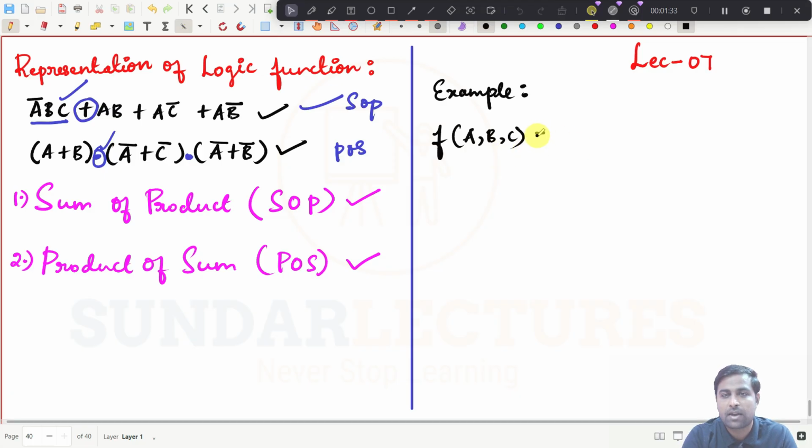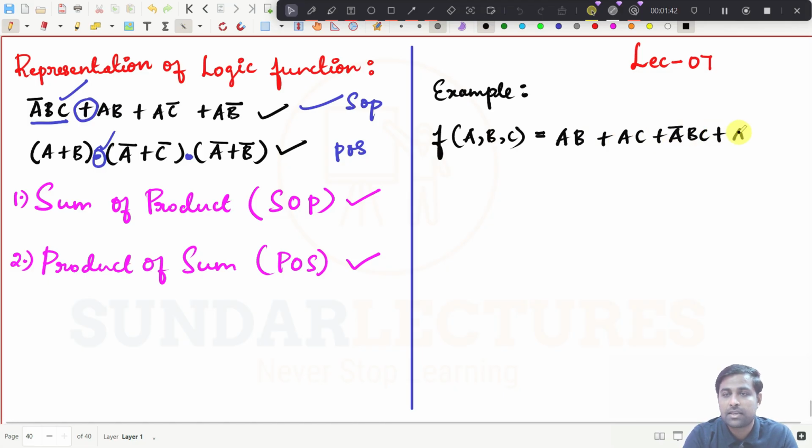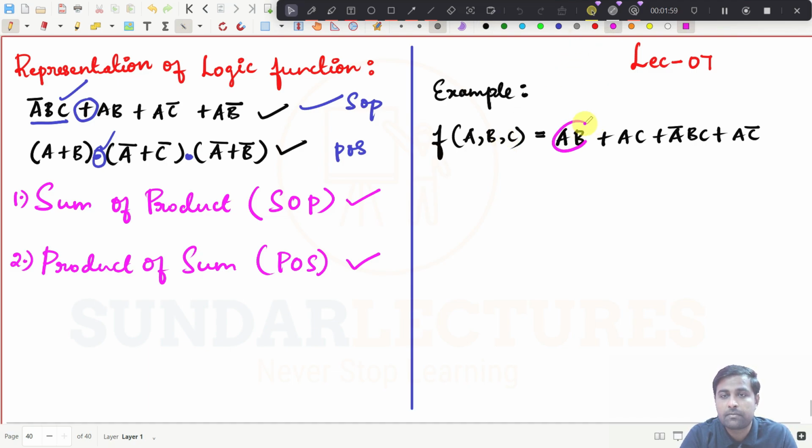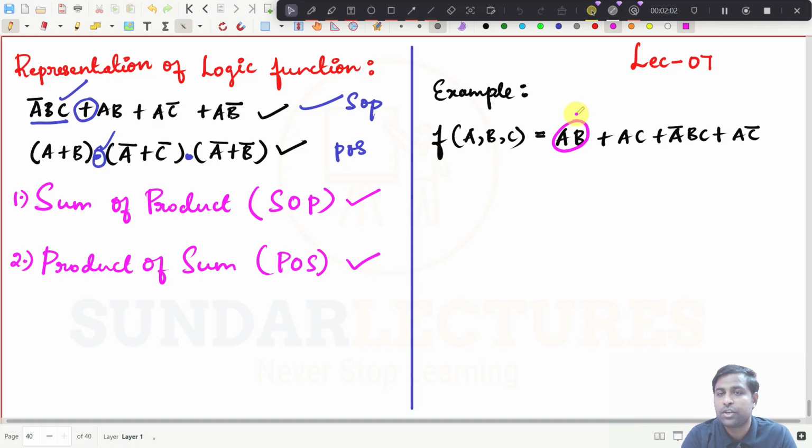So, for example, you have an expression like this: AB plus AC plus A bar BC plus A C bar. For example, you have a Boolean expression like this, and you see here, this has three different variables, but this term has only two, missing C, no C is here.